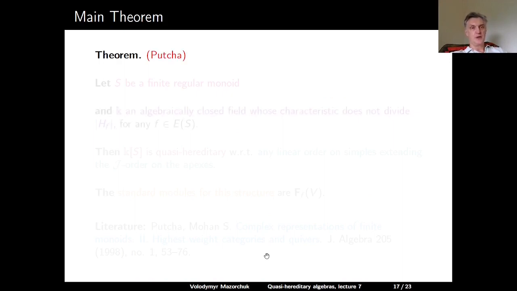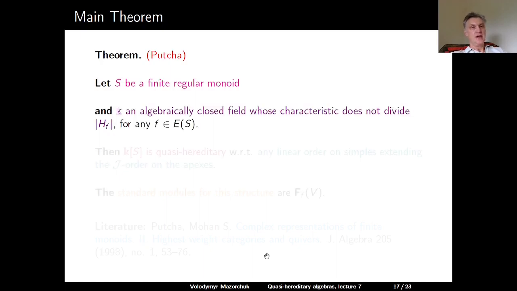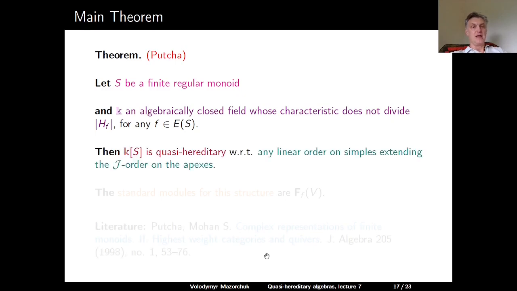Theorem, it is due to Mohan-Puccia. Let S be a finite regular monoid, and K an algebraically closed field whose characteristic does not divide the cardinality of any maximal subgroup in S. Then the monoid algebra of S is quasi-hereditary with respect to any linear order on the set of equivalence classes of simple modules which extends the two-sided order on the apexes of the simple modules.